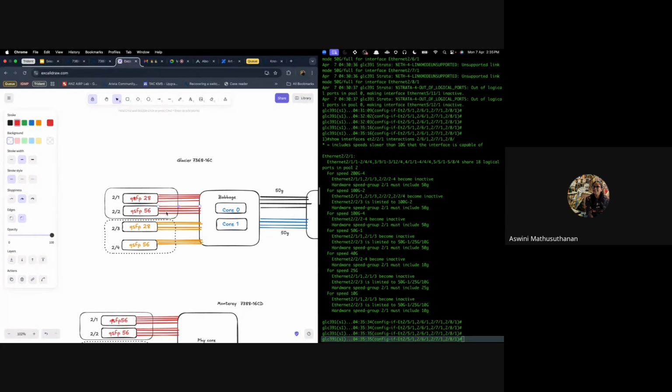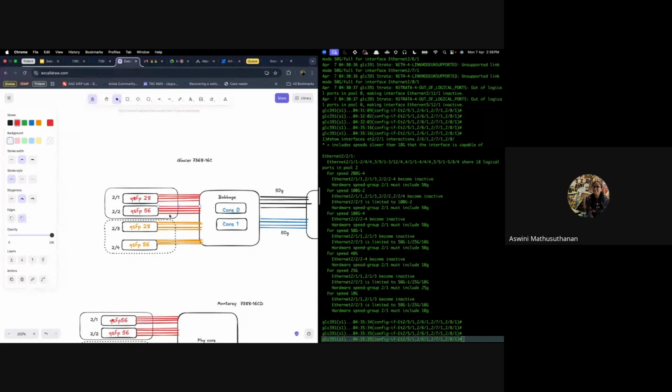All the other 3 links will be used for this entire 50 gig. Once 2/2/1 becomes active, all 3 other links are dependent on the first one's speed, so they all go inactive. All of these 3, 2/2/2, 2/2/3 and 2/2/4, will go inactive.